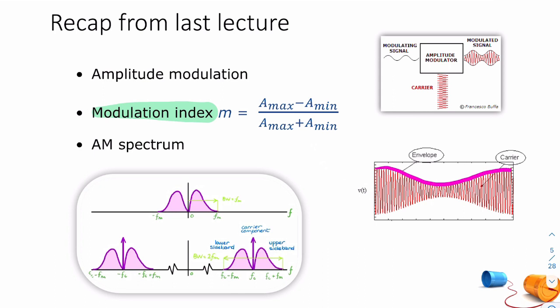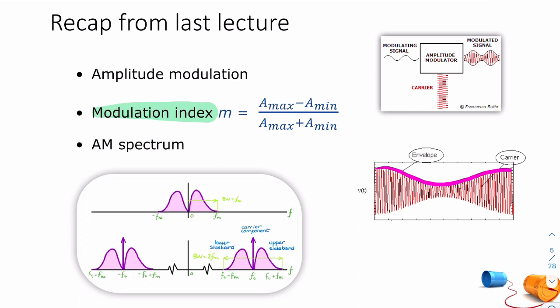The Modulation Index needs to be limited between 0 and 1, and the closer it is to 1, the better. We spoke about the spectrum of AM: the bandwidth of the bandpass signal is twice the bandwidth of the original signal. So if you have a baseband message signal of bandwidth FM, then the AM signal will have twice FM as the bandwidth. And the carrier component is particularly powerful in AM. That's why we call it DSB-LC.